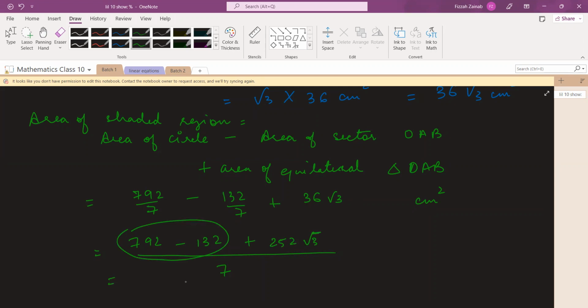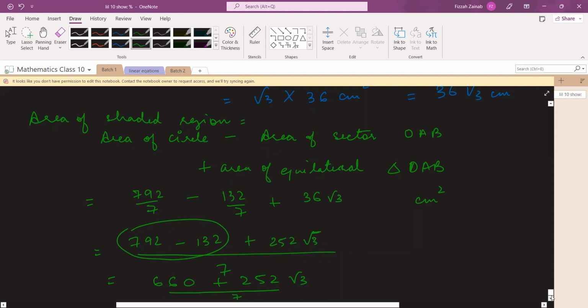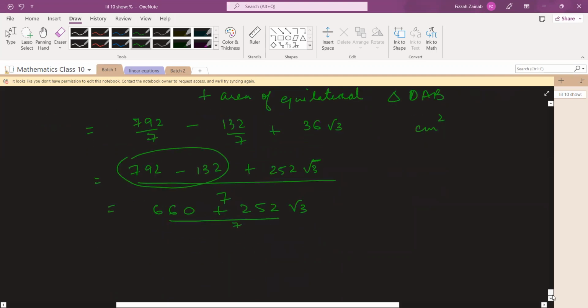So 2 minus 2 is 0, 9 minus 3 is 6, 7 minus 1 is 6. So (660 plus 252 under root 3) divided by 7. That's it, this is the answer. Now you can put a bracket and write centimeters square. This is the area of the shaded region.